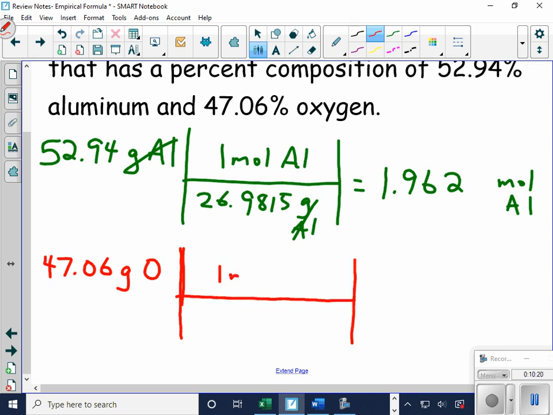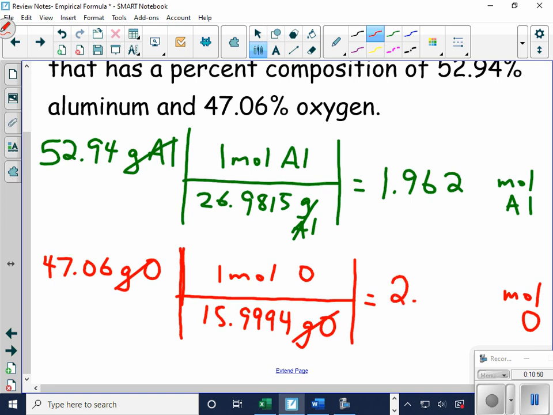I know that 1 mole of oxygen has 15.9994 grams of oxygen. My grams are going to cancel, leaving me with moles of oxygen. So I divide this out, 47.06 divided by 15.9994, and I get a value of 2.941 moles of oxygen.